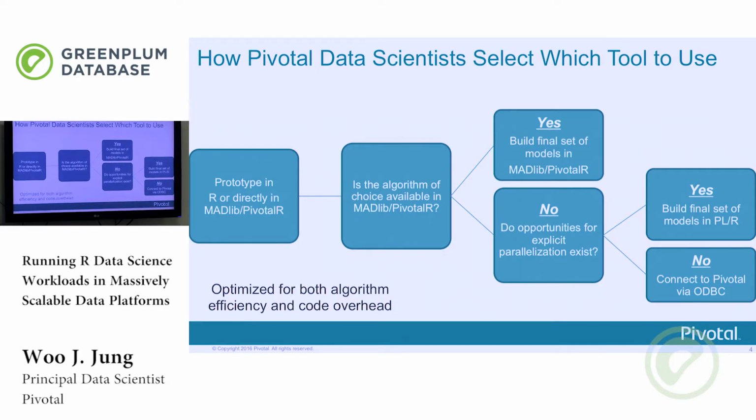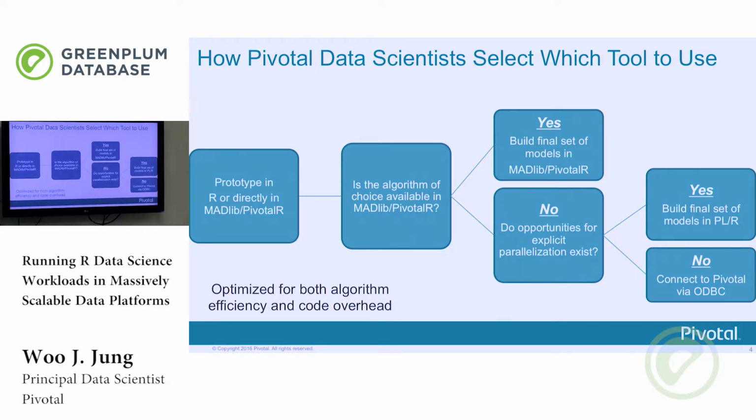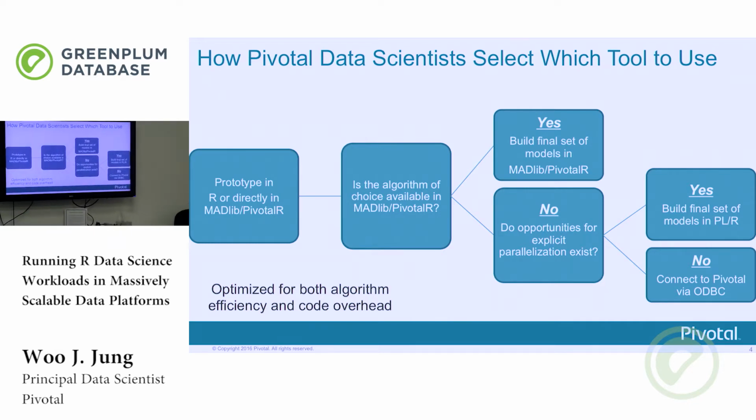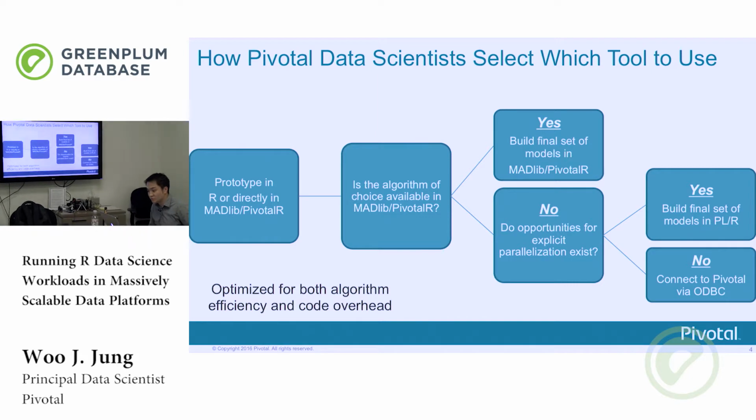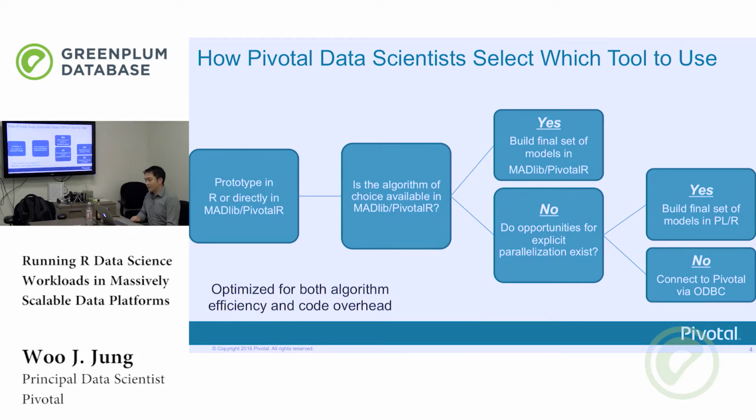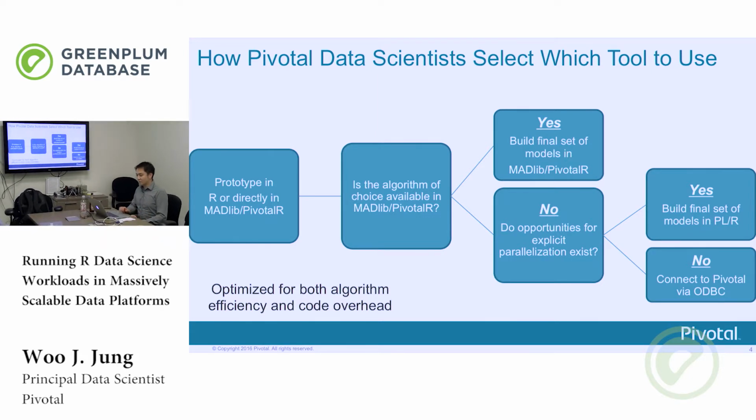So this is a mind map, if you will, of how a data scientist here at Pivotal would select which tool to use. As we'll see later on in the session, we're going to be focusing on just one pathway of this tree. But to give you an overview, typically we like to prototype some data science model building in R, or maybe directly model in MADlib or Pivotal R.